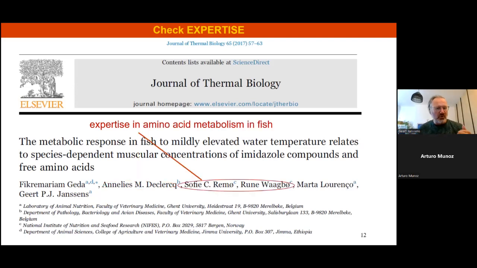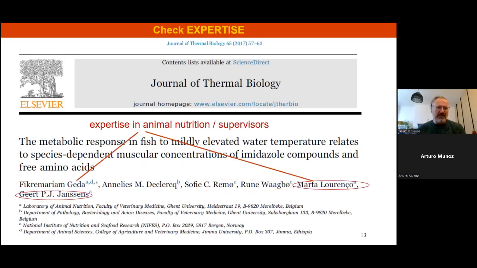And then we went to Norway. Why? Because these people that are indicated here are experts in amino acid metabolism in fish, and that's what we wanted to study. We knew something about amino acids, but they could analyze them and they could help with the interpretation. And then there's me and Marta, one of my former collaborators.